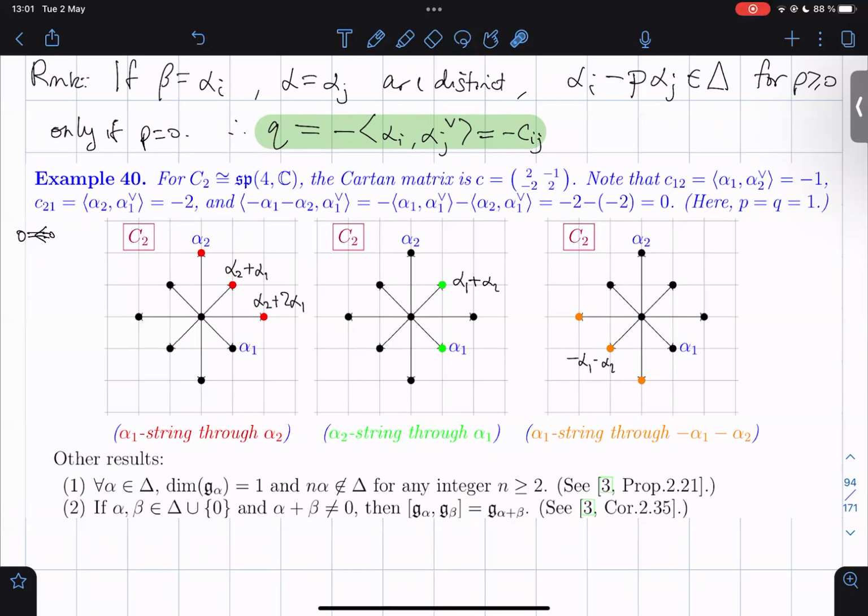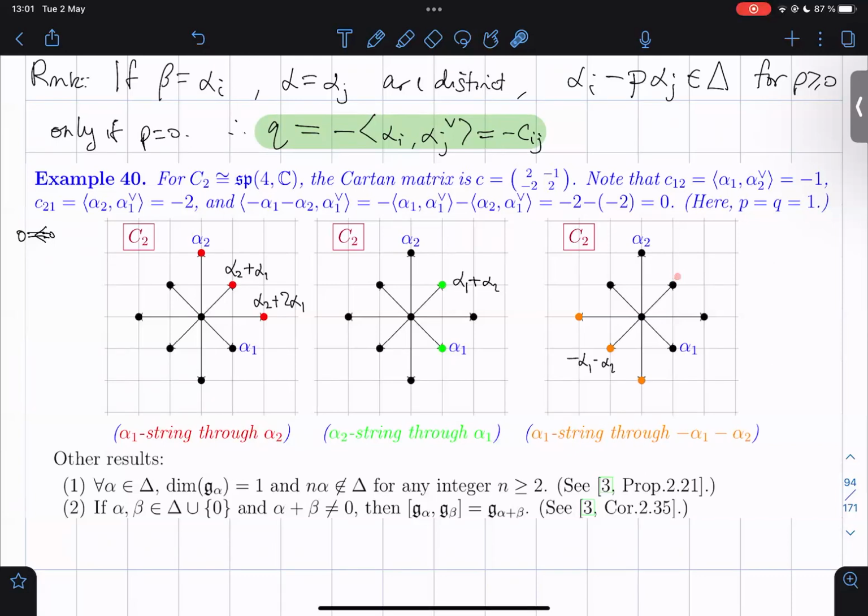So you can get some direct information from the diagram about this via vector addition. For instance, this paired with this, or rather the corresponding vectors in the root spaces.